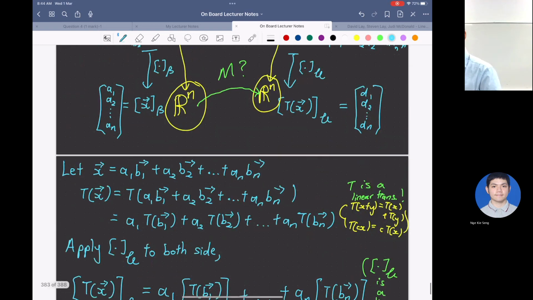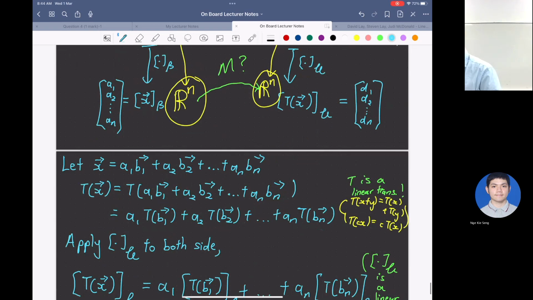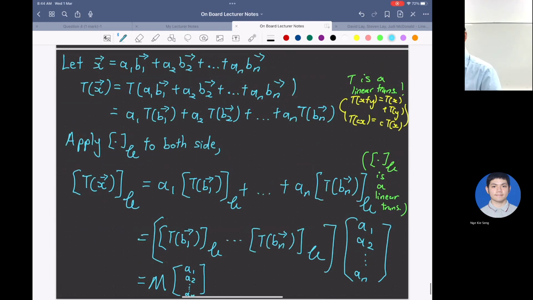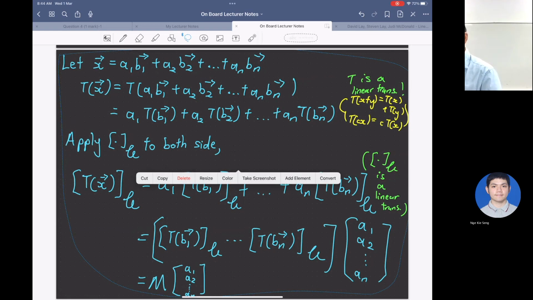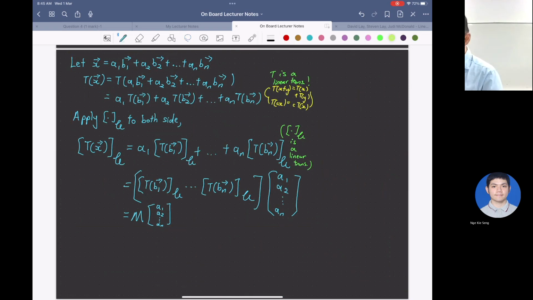Maybe make it smaller a bit. So see what do we get? Now we get that the coordinate vector of Tx relative to C is equal to a matrix times this.